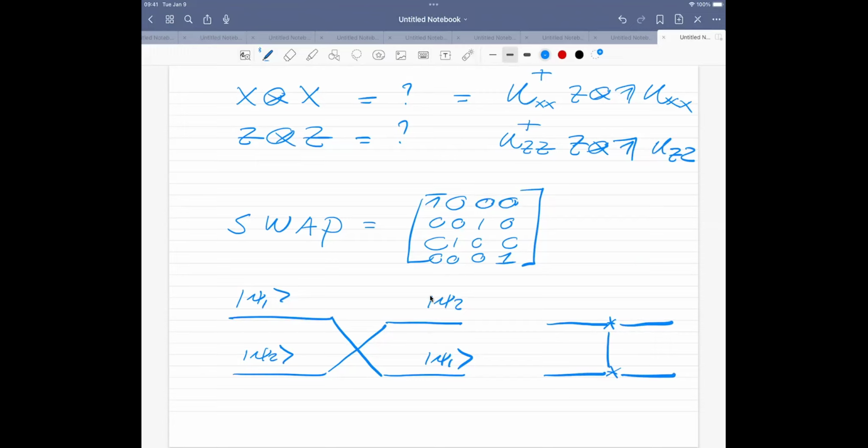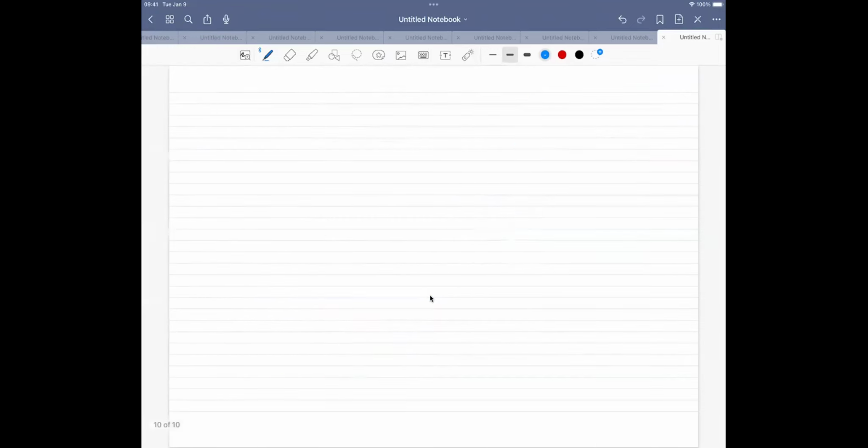Now, if we look at the C tensor product C gate, or C part of the Hamiltonian, that has a specific transformation, which we are now setting up here. So let's just bring that one back. So when I look at the Z times Z, this has a specific mathematical form, which looks like this 4x4 matrix, minus 1, 0, 0, 0.